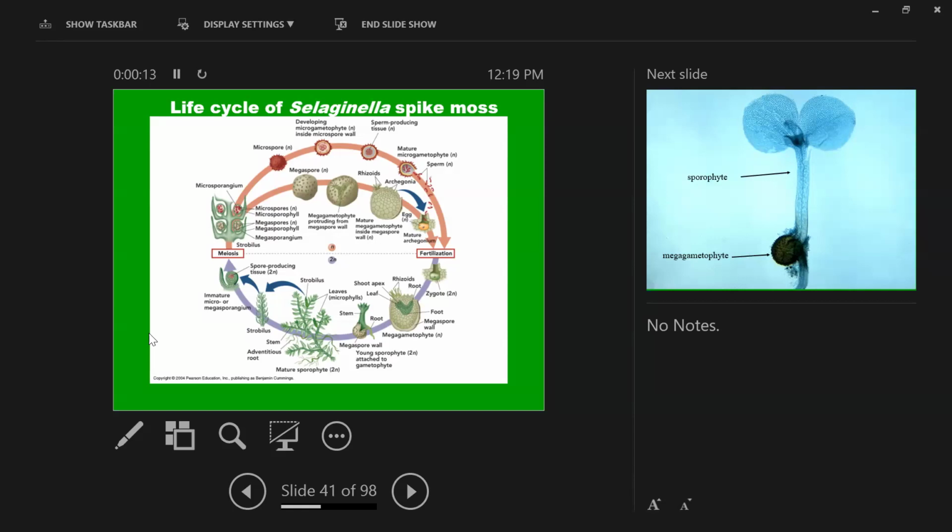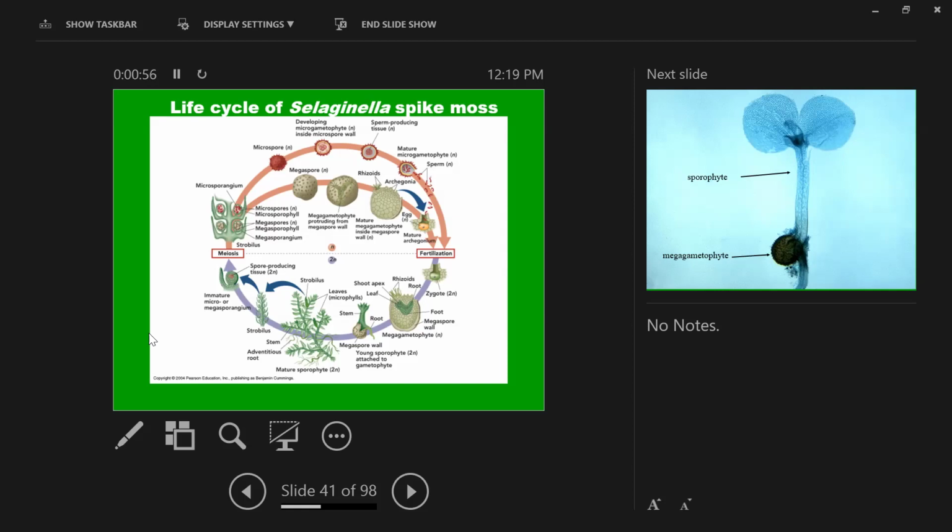Now we have this idea of megaspore and microspore. The megaspore develops into a female gametophyte. The microspore, once it gets released, starts to grow and develops into a male gametophyte, which is solely male.